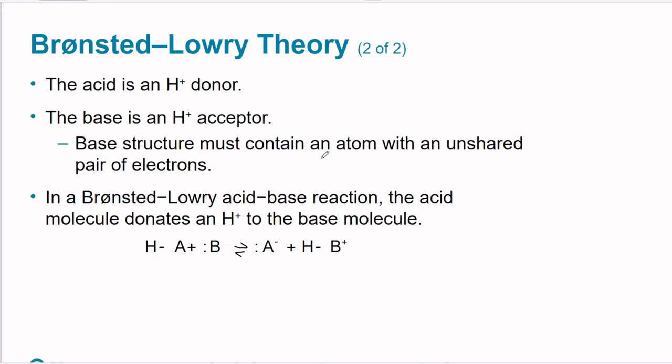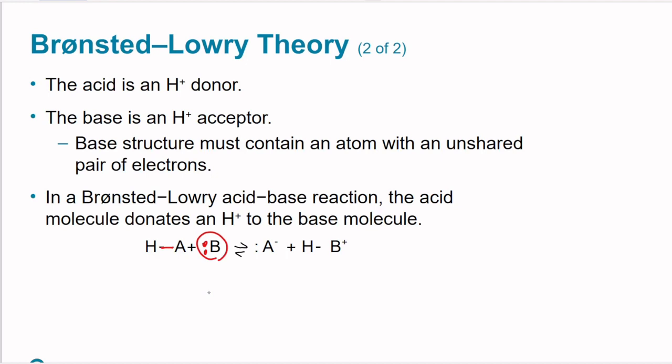So the base must contain an atom with an unshared pair of electrons, and it's that electron pair that will accept the hydrogen. This is a little bit not written that well. What it's saying here is HA plus the base, which has this lone pair of electrons.